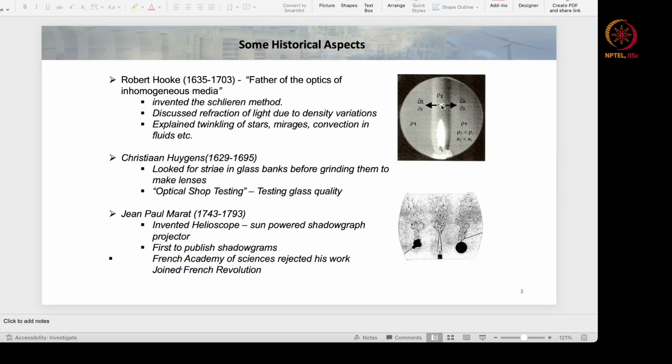Naturally, you have a change in refractive index from the center all the way to the edge, because the change in density has led to a change in refractive index, which is written as the partial of n with respect to x. Now, the refractive index n2 is lower than n1.